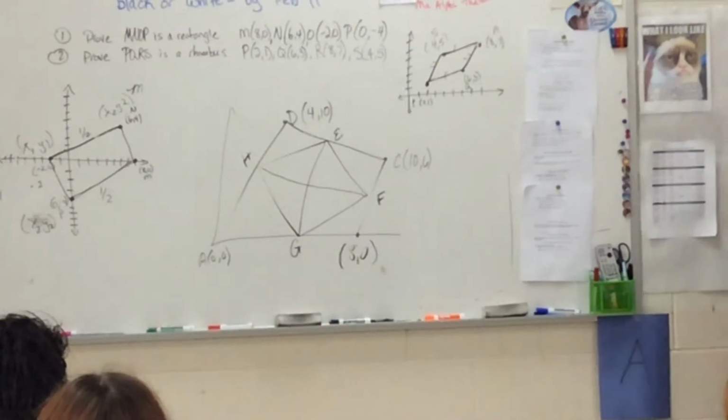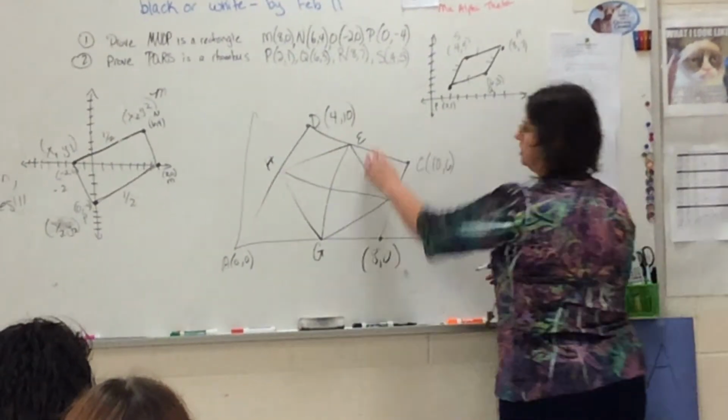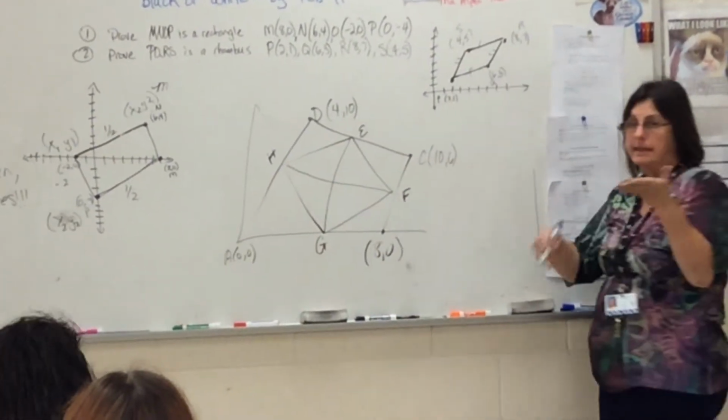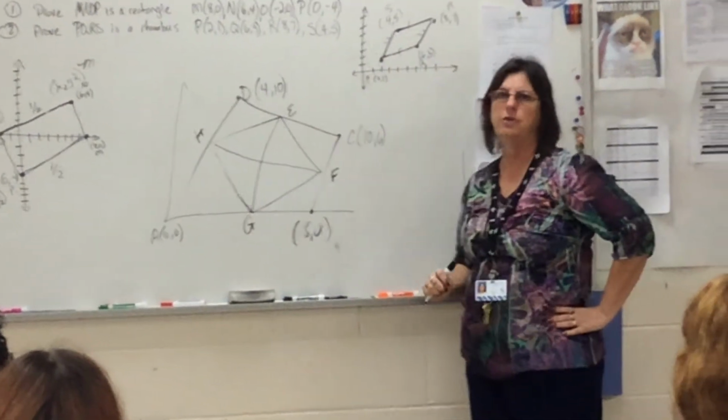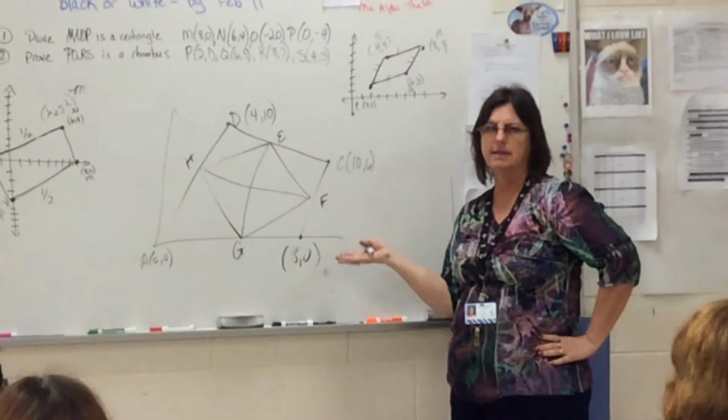So I need to find the midpoints between E and G and H and F, and they need to be the same. Well, I don't have coordinates for those, so what do I have to do first?